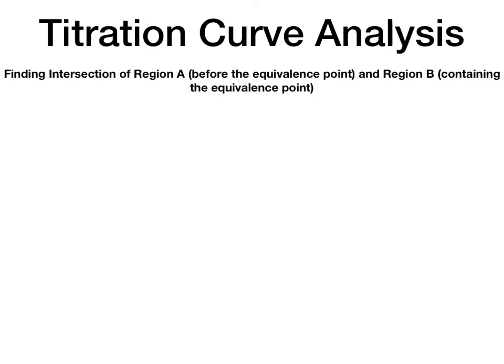So the first step along this is to find the intersection of region A and region B. Remember, region A is the buffer region, so the points before the equivalence point, and region A had the line of best fit of y equals negative 0.2386x plus 13.14.